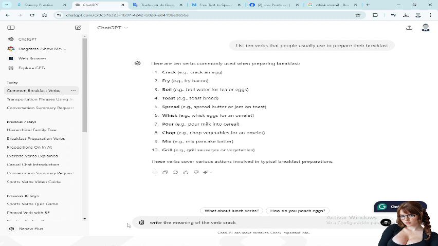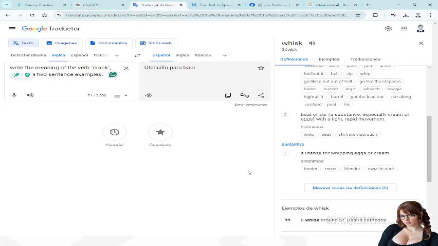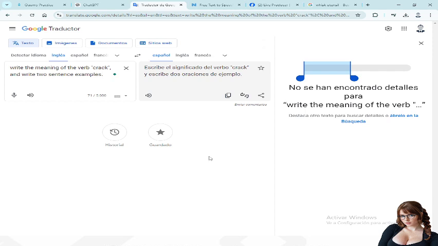So right now we need to get the meaning of the verb crack and write two sentence examples. Remember that we have different options to check the grammar in that context. We have the option to verify if our phrase has the correct meaning.